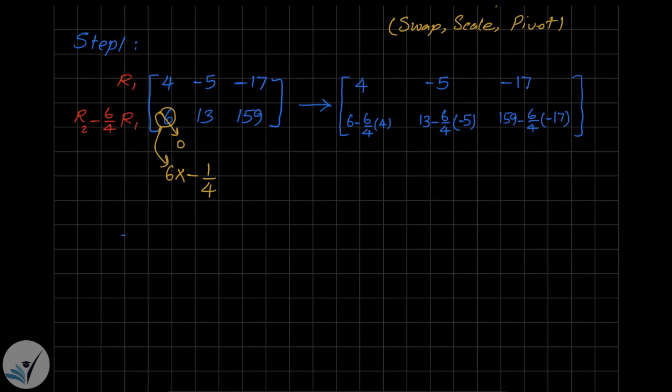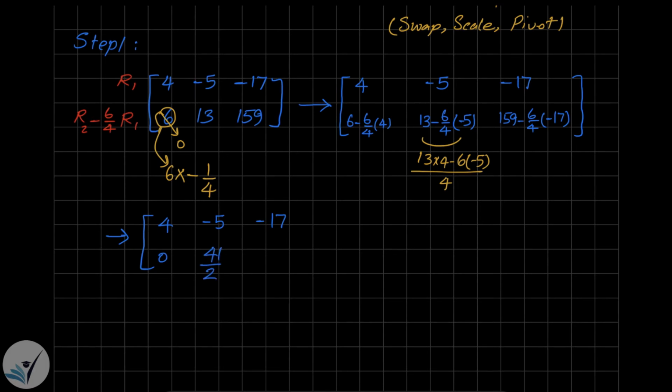If I simplify this matrix, I would get 4, negative 5, negative 17 on the first row. On the second row, the first entry would be 0. The second entry, here we have 13 times 4 minus 6 times negative 5 divided by 4. The result would be 41 over 2.